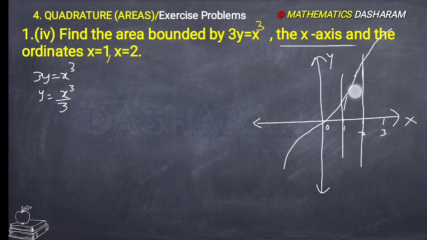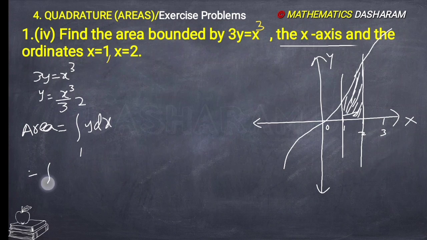Now we have to find the area of this shaded region between x equals 1 and x equals 2. So integration 1 to 2, because here ordinates 1 to 2 are given. Area equals integration 1 to 2 y dx, which equals integration 1 to 2 x cube by 3 dx.